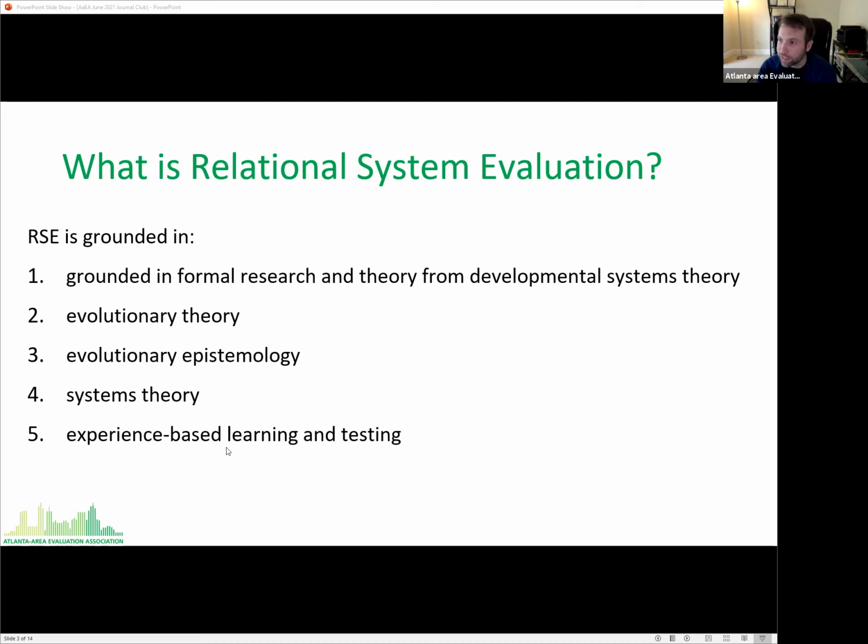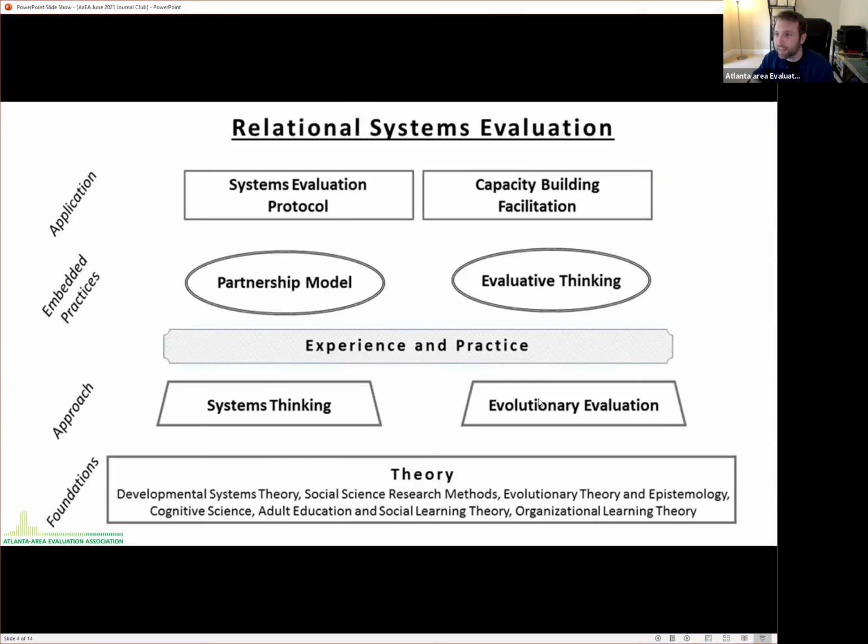Evolutionary epistemology, how one comes to understand the way things change, systems theory, and then experience-based learning and testing. These are all the fundamental approaches the authors used to come about this particular evaluation approach. Once again, that doesn't tell us much about the approach itself, but they did include this fancy graphic that I like, and it's really the rest of the presentation.